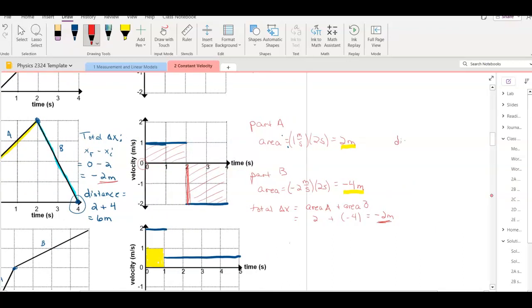The distance that this thing moved equals the absolute value of the area of A plus the absolute value of the area B. And so it would be the absolute value of 2 plus the absolute value of negative 4. It would be 6 meters. And again, we see that this distance equals the distance that we would have gotten from the position versus time graph.